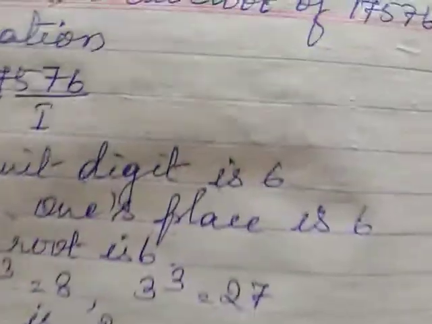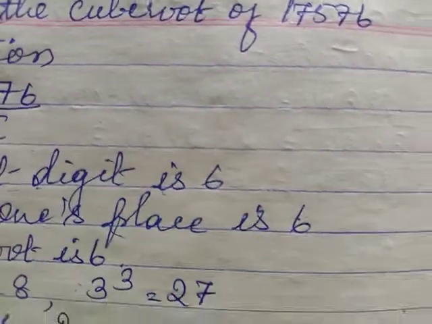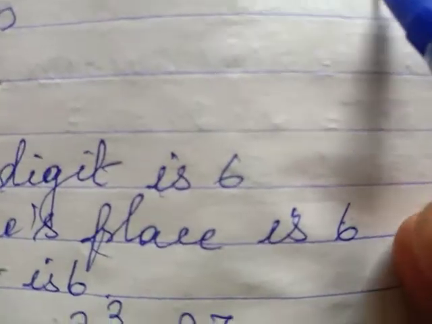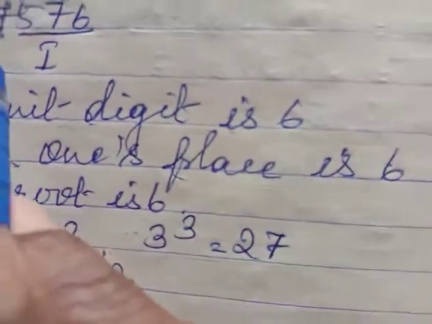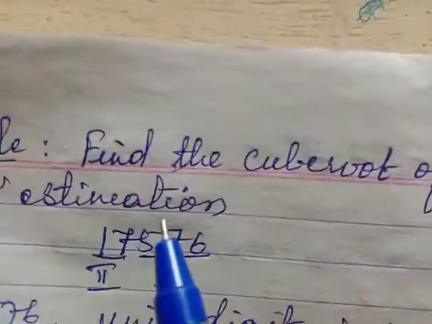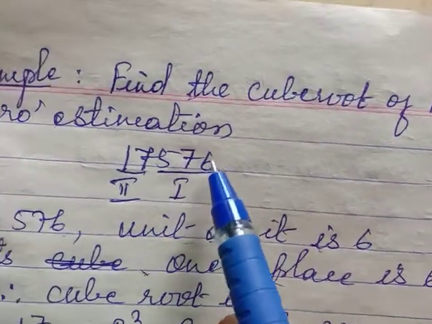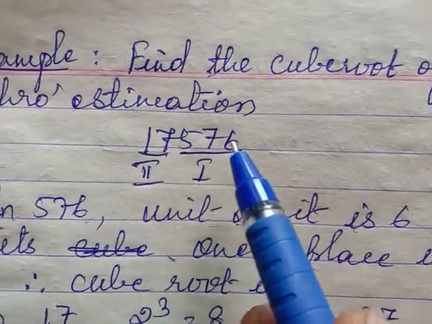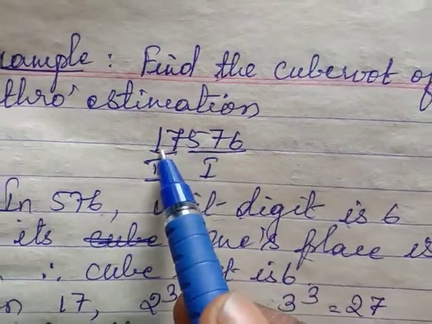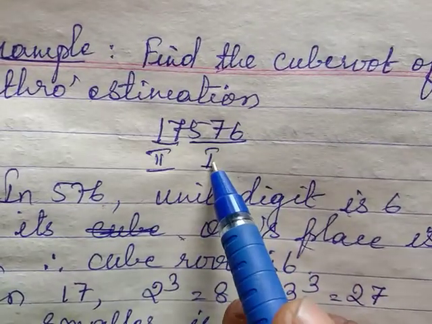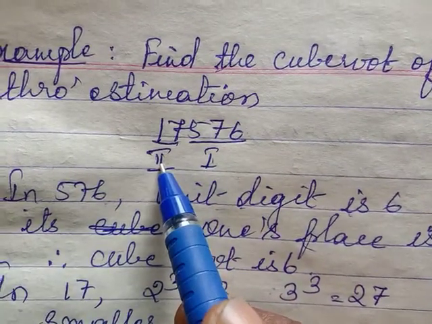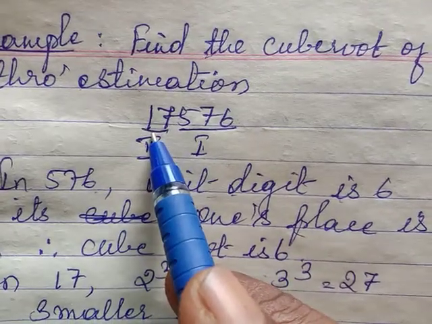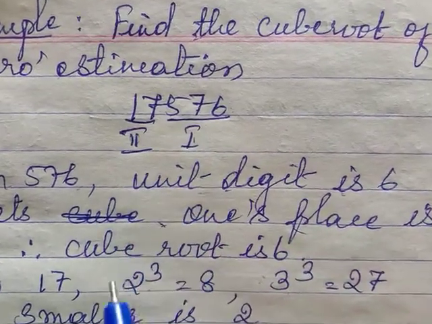Here, one more example. Find the cube root of 17,576, through estimation or predicting. From the right, 576 is the first group and 17 is the second group. Only 2 digits are there, but whether it is 2 digits or 1 digit, no need to worry.